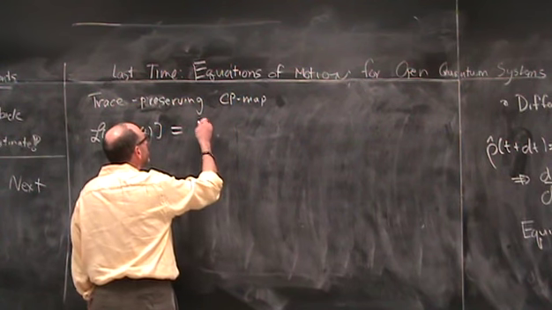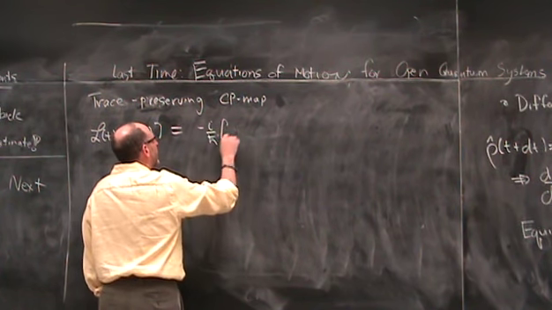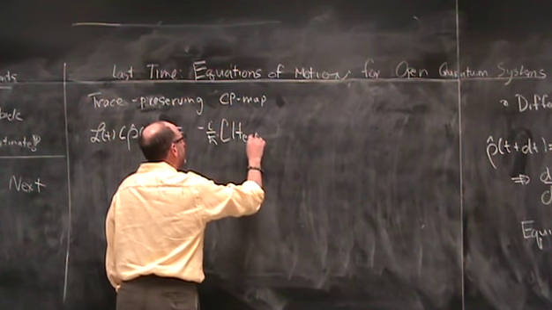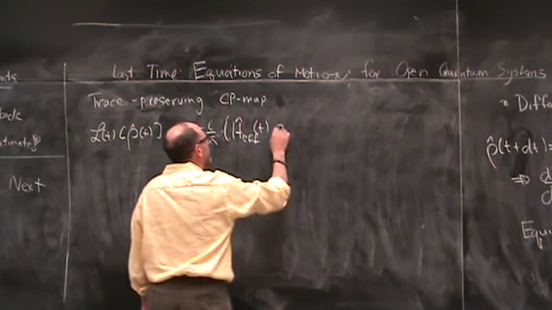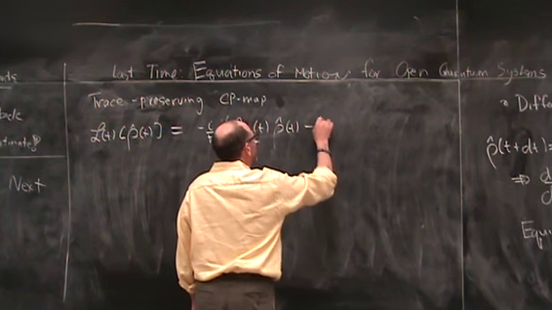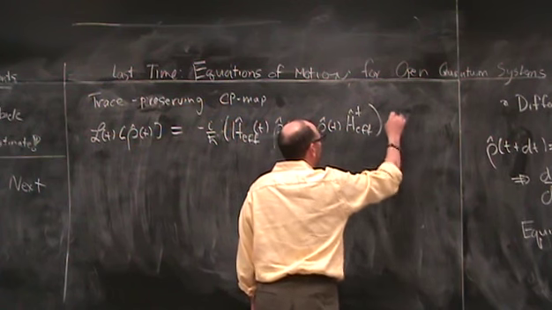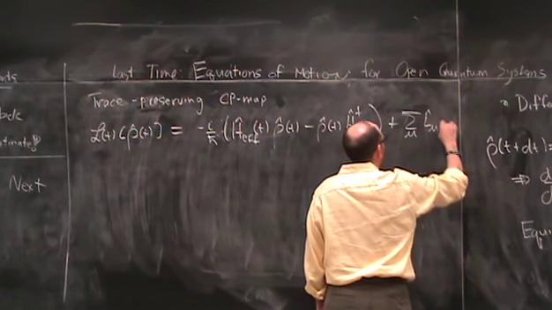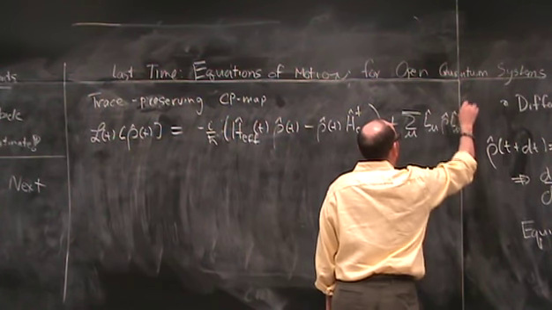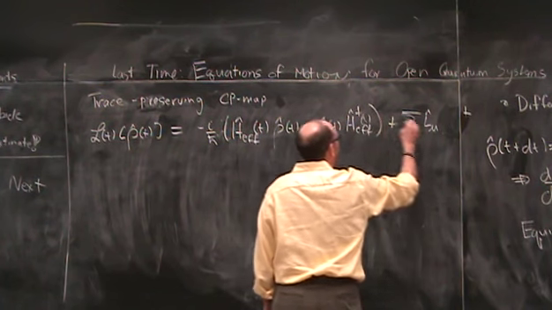It was equal to minus i times the commutator, H effective rho minus rho H effective dagger, plus the sum over mu of L mu rho L mu dagger. All of these can be functions of time, so let me just put that in.